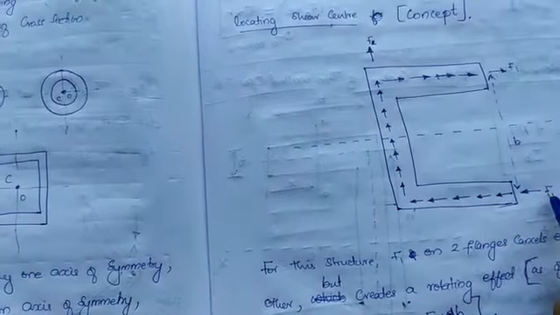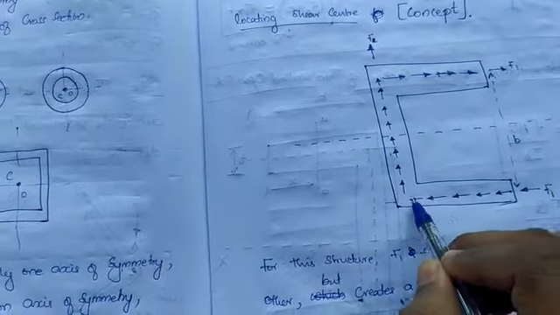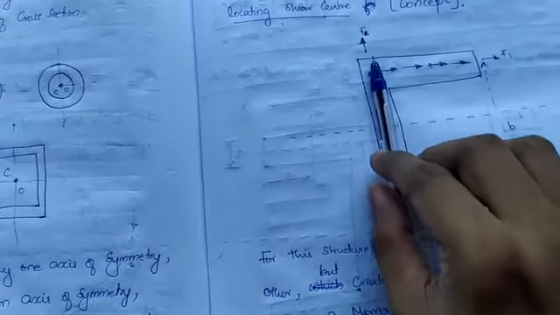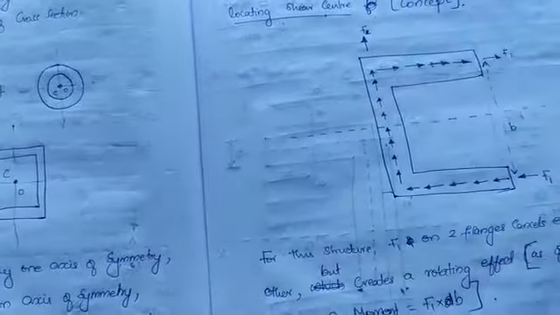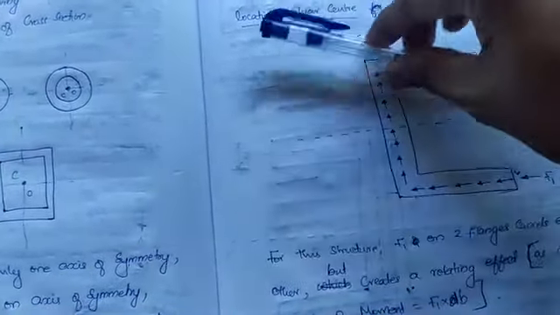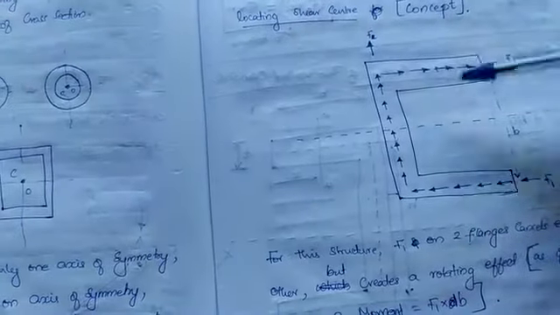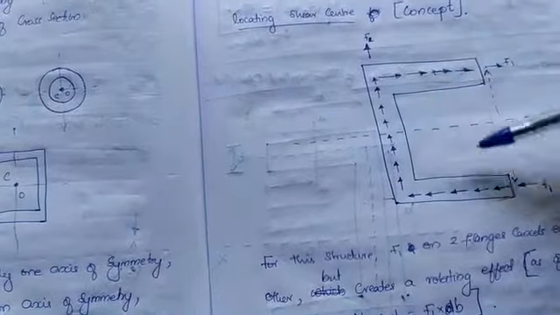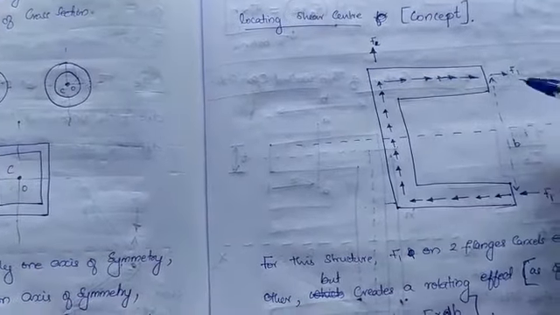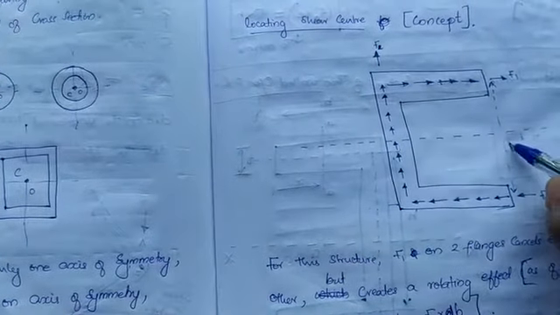That means a shear force of F1 will act on its web, a shear force F will act on its flange, and this same force will act here also, such that these both are equal and opposite, and they are separated by a distance B.